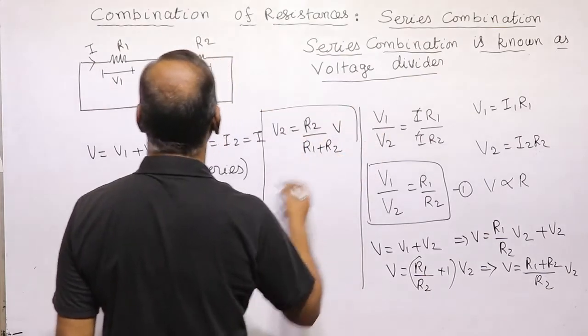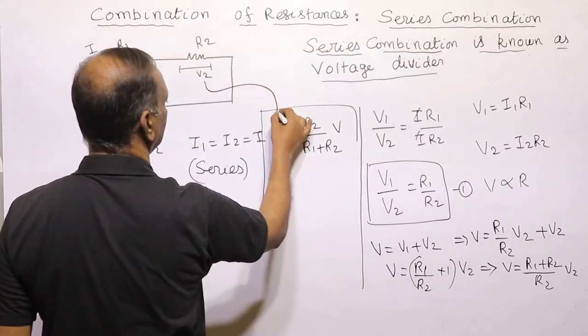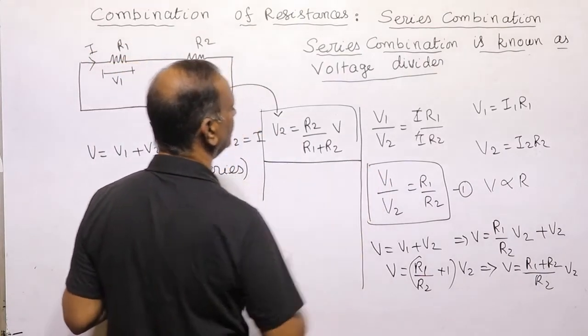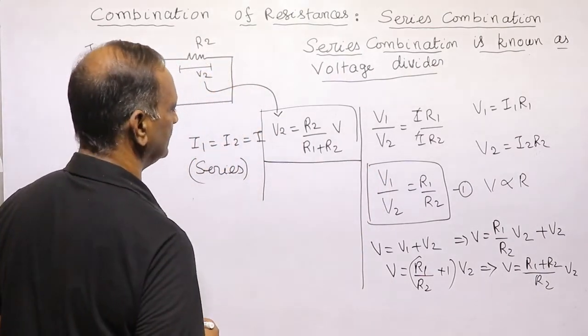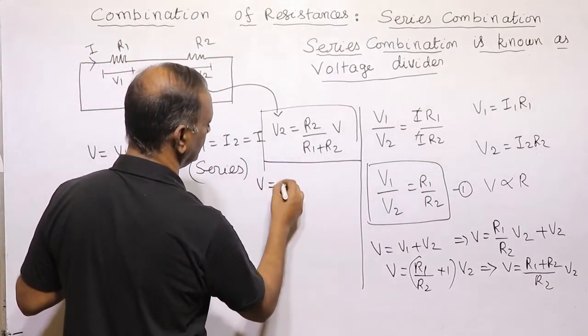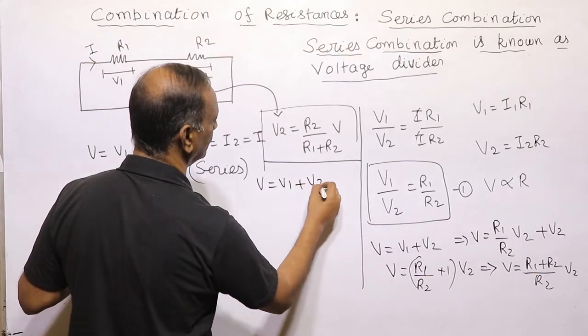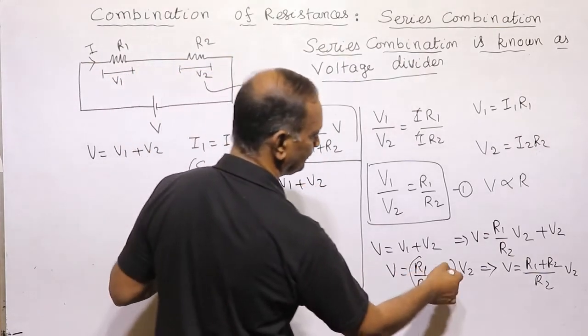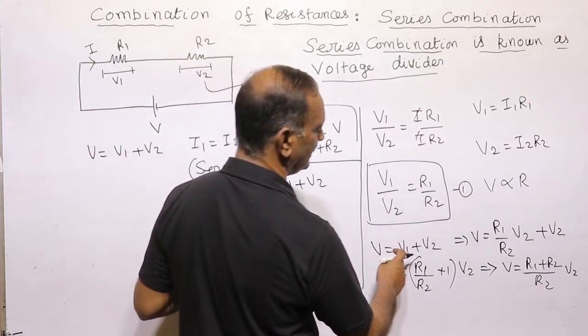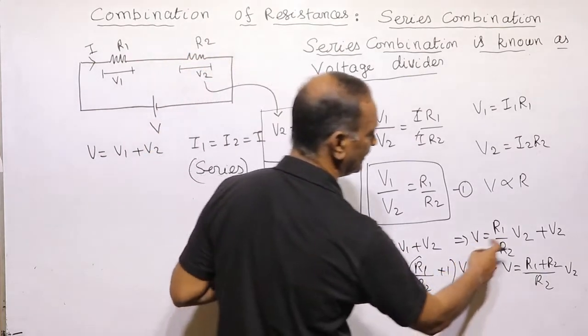This is the voltage across R2. So this is very handy for quick calculation. In the same way, again we take V is equal to V1 plus V2. Earlier we substituted V1 in terms of V2.